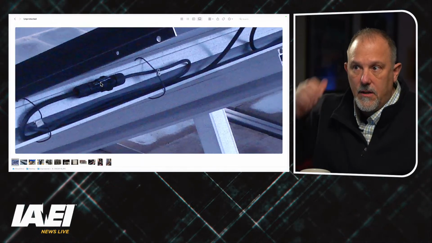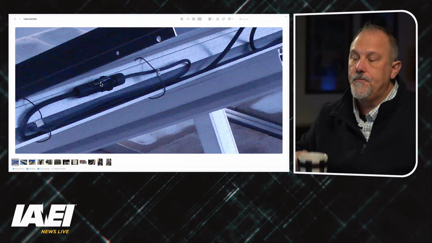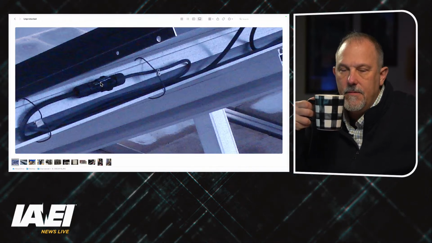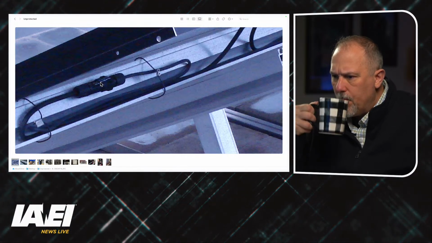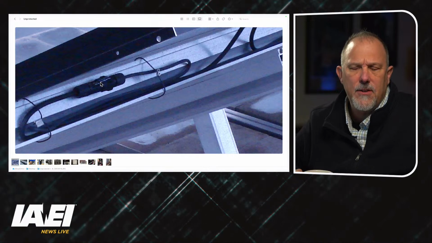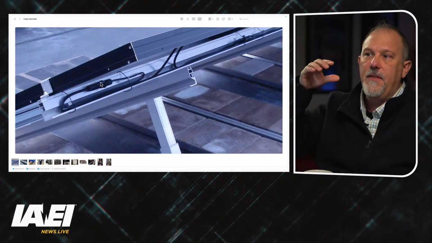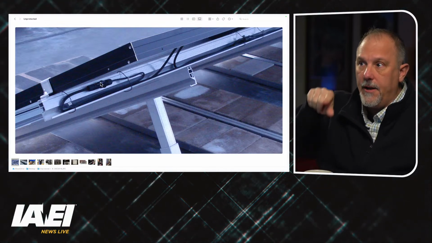That's just a connection, and it's not listed as a disconnect. I believe those specifically say do not disconnect under load. But in any case, these are sources, and those conductors are unprotected.